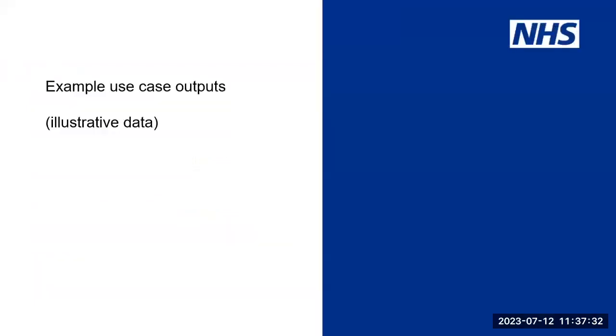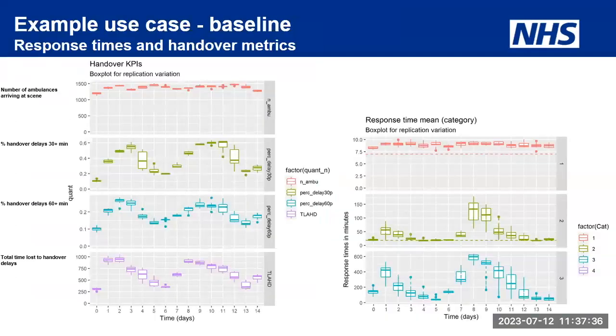So I'll just show some illustrative outputs of what you can get from the model. On the left-hand side, we're showing some of the metrics you might recognize from the handover publications, I think now in the ambulance SITREP, or you see SITREP on handover delays. You have the ones of delays of 30 plus minutes and 60 plus minutes.